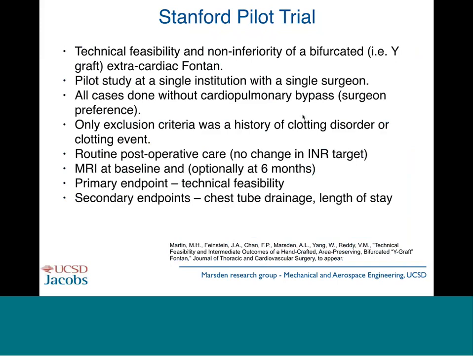There was no change in INR target or postoperative care. However, we did perform some additional imaging on these patients since it was a new procedure. They had an MRI preferably before leaving the hospital, and then also an option to come back for an additional MRI at 6 months to 1 year. Again, the primary endpoint was technical feasibility, and the secondary endpoints were chest tube drainage and length of stay.